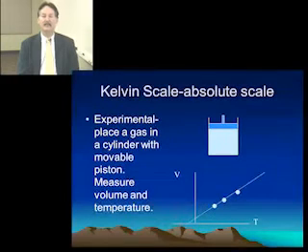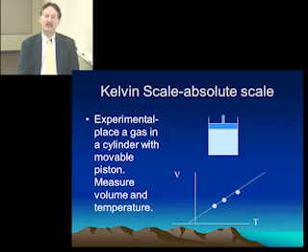Now the Kelvin scale was devised later, based on observations that were made with respect to the properties of ideal gases and the study of ideal gases that preceded the work in thermodynamics.